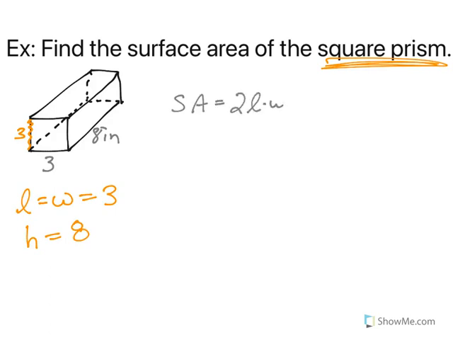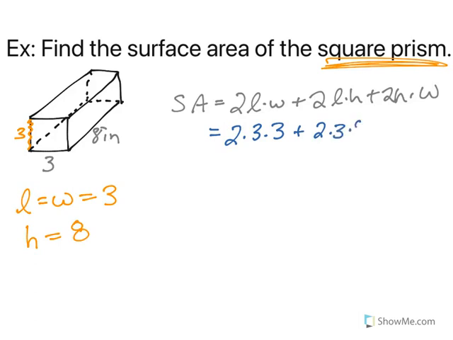So 2 length times width plus 2 length times height plus 2 height times width. I want to do the same, even though you could simplify it a little bit because the length and the width are the same. So 2 times 3 times 3, plus 2 times 3 times 8, plus 2 times 8 times 3.